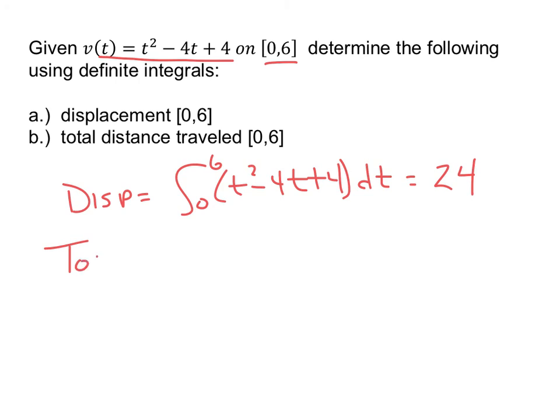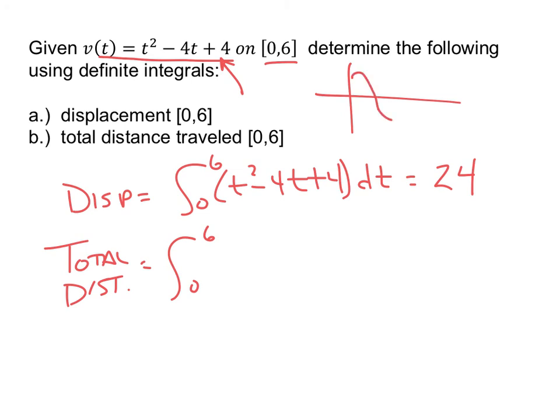Now, the total distance, remember, what I would have to do is first figure out where this function hits 0, and then separate out into separate intervals. But if I'm going to use my calculator, I'm going to cheat a little bit here. So let's say that part of the graph did dip below. Well, I would want that part that's below to be maybe reflected up above so I can just integrate the whole thing.